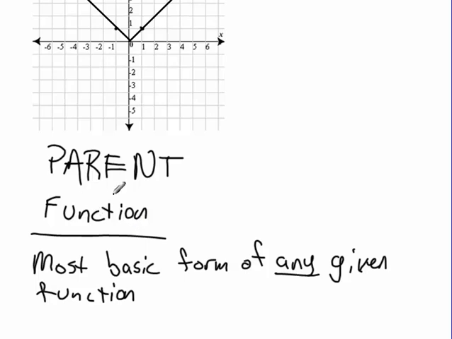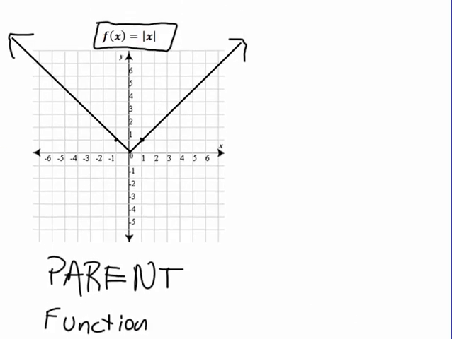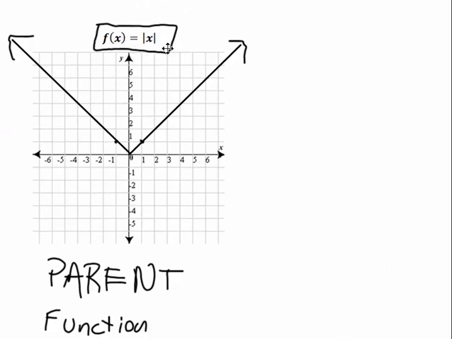Okay, so a parent function is the most basic form of any given function. Here the given function is the absolute value of x, and there is nothing fancy about this. It is simply the absolute value of x, so this is the parent function for absolute values.